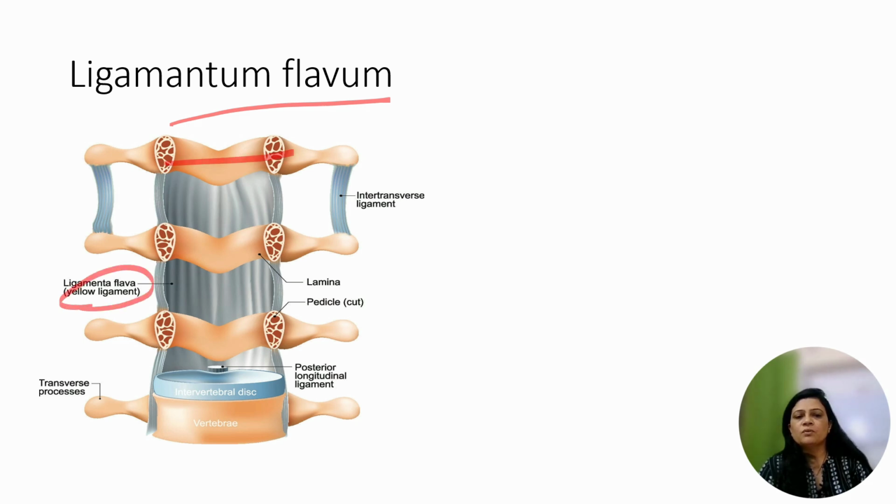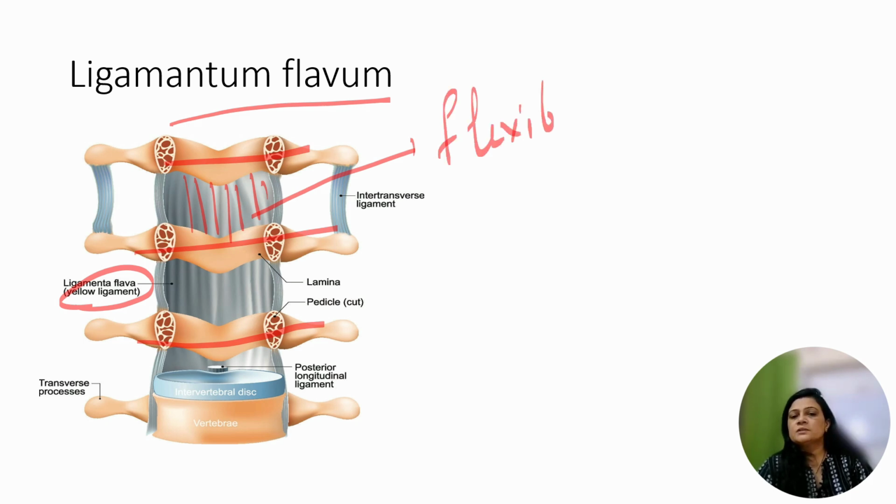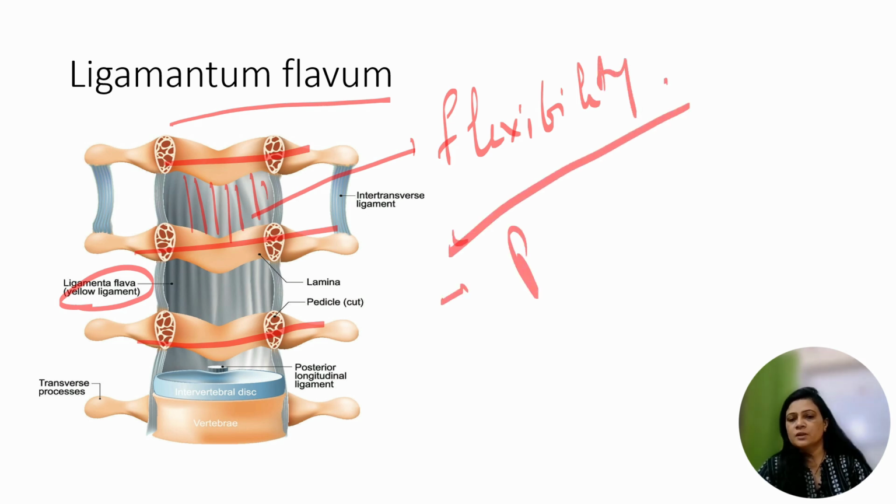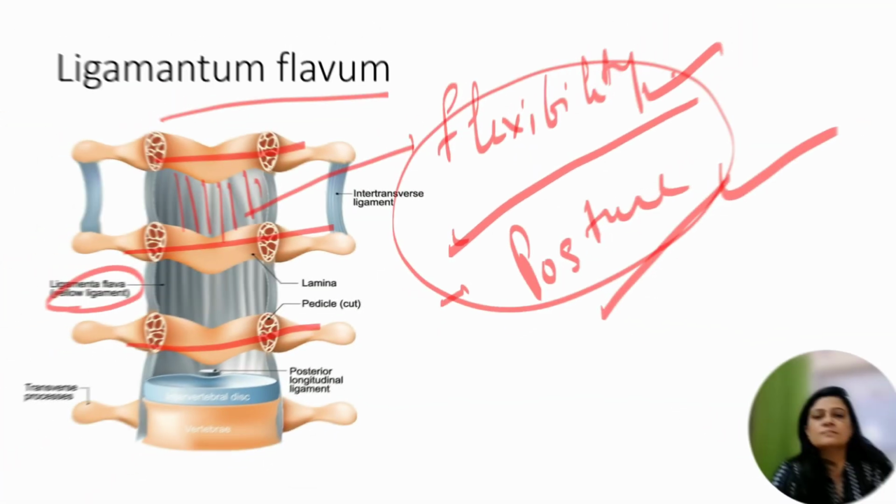This is one vertebra, this is the third one, and this portion is called the ligamentum flavum. It helps in the flexibility of the vertebra, it gives posture and also helps in flexibility to the vertebra.